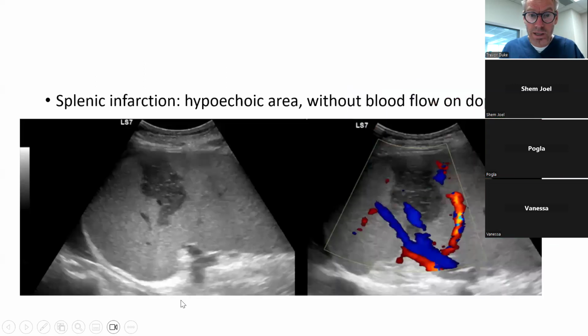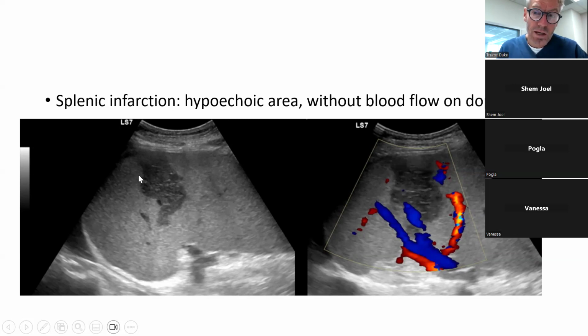If you do think of it, then this is the ultrasound of a child who had a splenic infarction. This is the spleen, and you can see the hypoechoic area. If you put the Doppler on, you'll see no blood going into that area of infarction. So there's a lack of blood flow to that area of the spleen.